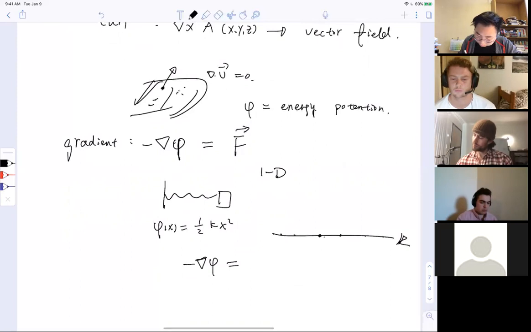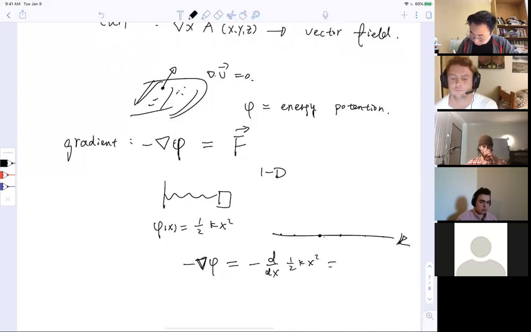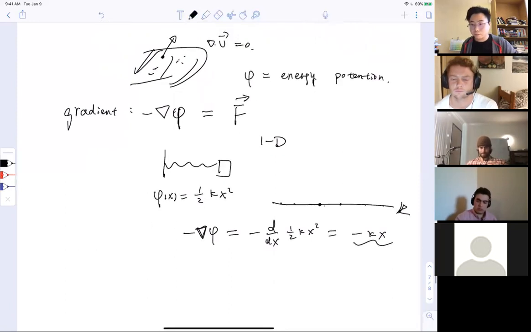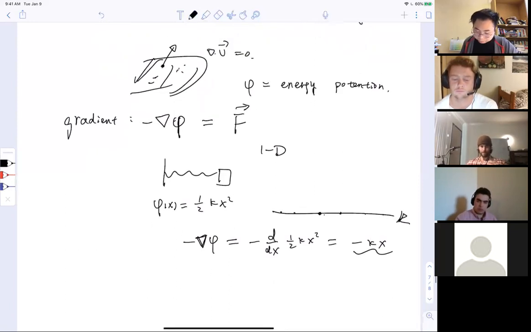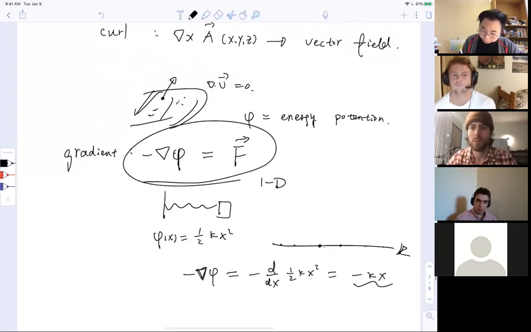In one dimension, this gradient becomes a derivative. So this is nothing but minus kx, the spring force. And generally speaking, in three dimensions, it will give you the force.